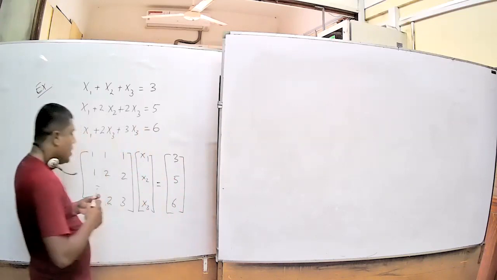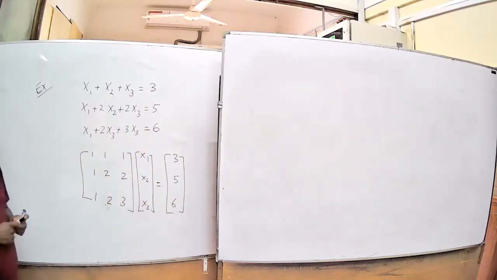So this is the system we have, and we want to convert this into an upper triangular system.